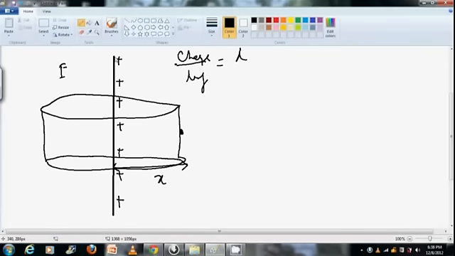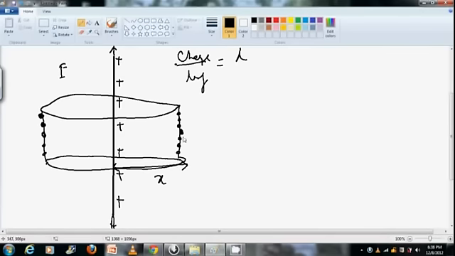Now see, if this wire is very long, say for all practical reasons till infinity, then this point is symmetrical to this point, and this point, and this point. All points are symmetrical with respect to each other on this surface of the cylinder.